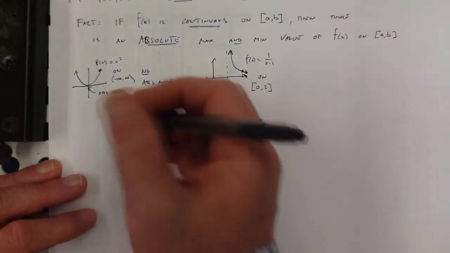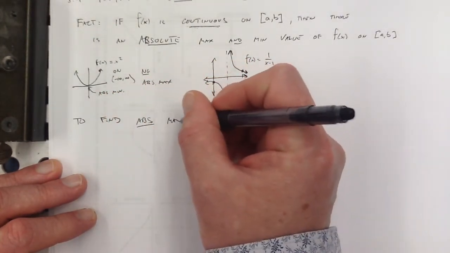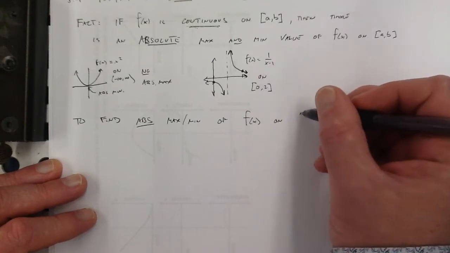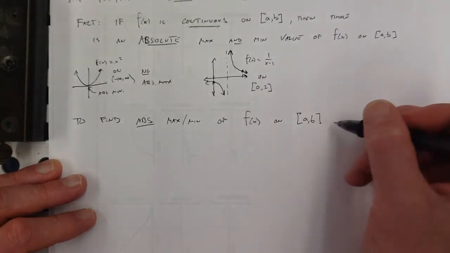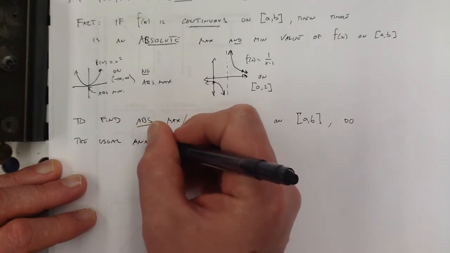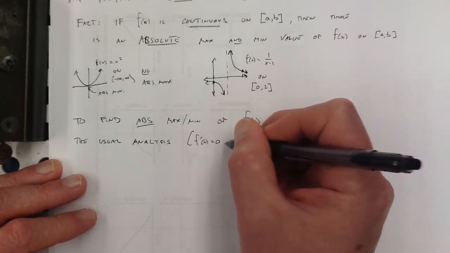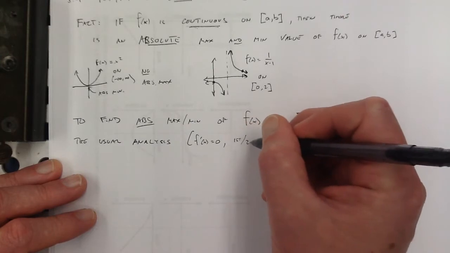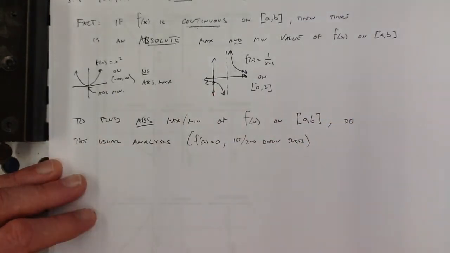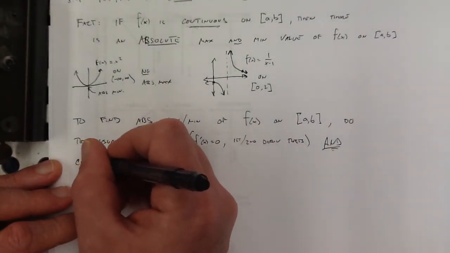You just need to know, to find the absolute max and minimum of f of x on the closed interval from a to b, do the usual analysis, which means I set f prime of x equal to 0, and then you could do the first or the second derivative tests to see whether you got maximums or minimums in there. And then check the endpoints.